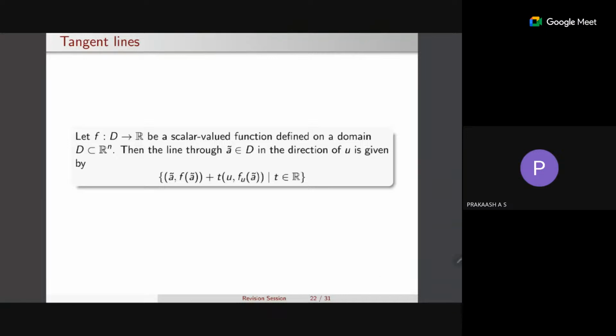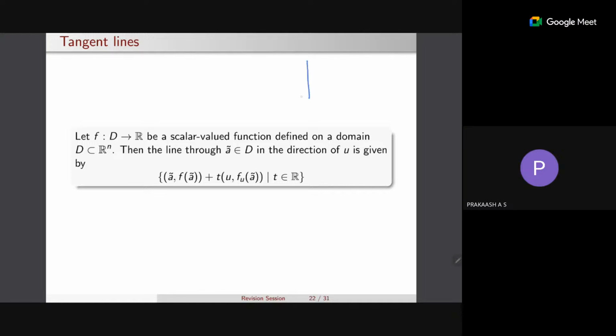So the next thing is tangent lines and planes to the graph of multivariable functions. In higher dimensions, this is difficult to visualize, but at least in functions of two variables, it is easy to see. So if I have something like a hemisphere, suppose this is the graph of some appropriately defined function.